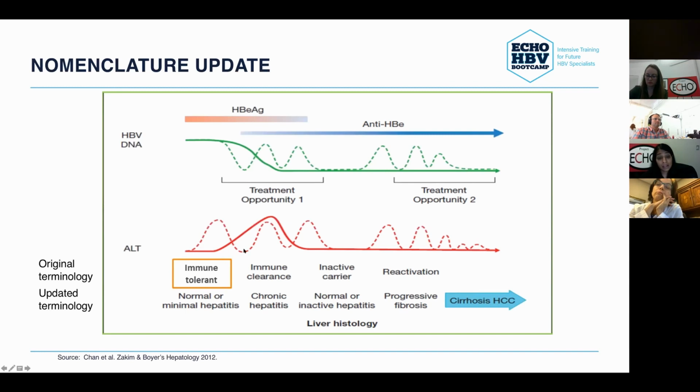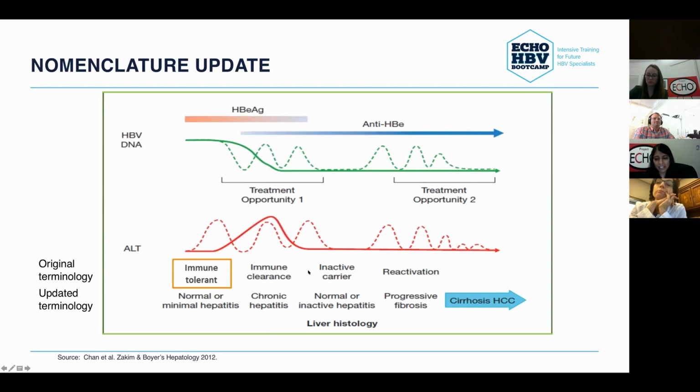But again, you'll see the dashed line gives you some gray areas for some amount of fluctuation during these phases. This phase is typically called immune clearance. So your body's clearing the E antigen and developing E antibody. And that's where the clearance term really comes from, and the DNA level coming down. We now refer to this just as a chronic hepatitis phase.